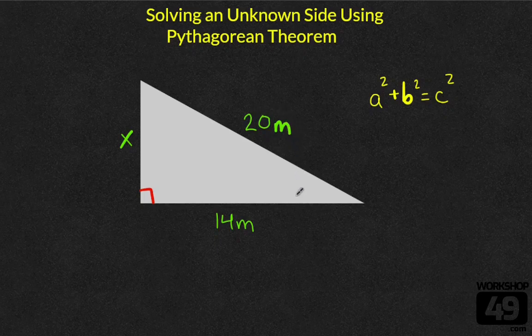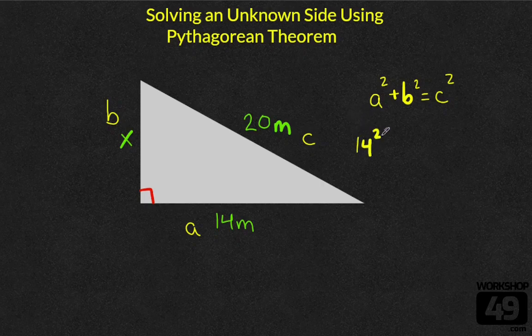We know this diagonal. This is different than before. So when we're filling our values in, this is C. The bottom can be A or B. It doesn't matter. Let's just go ahead and call it A, which means that this side over here is our B. X is the B value.